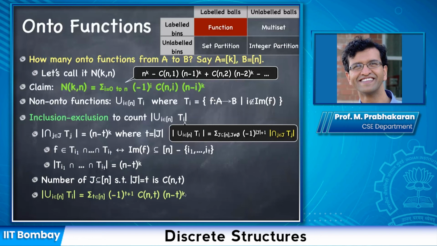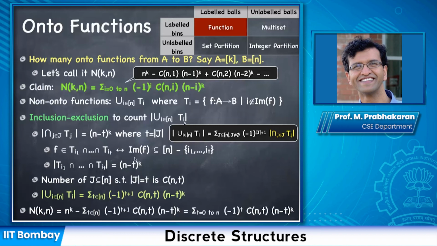This is the total number of non-onto functions, and I subtract that from n to the power k, and that's the final expression I need. There's a minus here, so (-1) to the t plus 1 changes to just (-1) to the t. This is for t equal to 1 to n. I have t equal to 0 to n here to also account for this n to the power k. As we saw, this expression for t equal to 0 is indeed n to the power k.